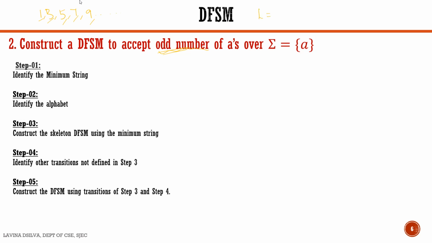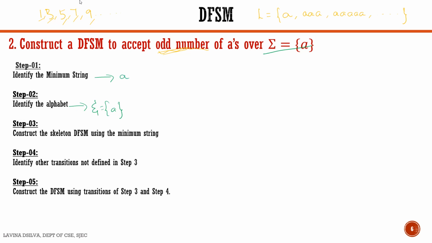So L will be equal to A, that is 1 A. After that, the next string in the language is supposed to be 3 A's. The next string is supposed to be 5 A's, and it goes on. Therefore, from this language, we know that our input alphabet is sigma equal to A, and the minimum string for us is a single A.